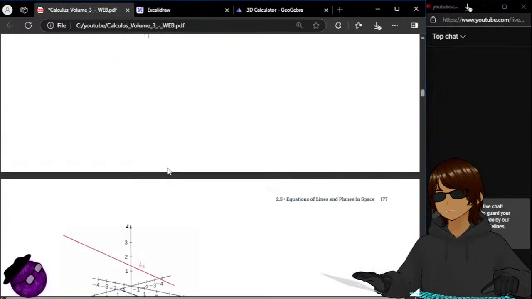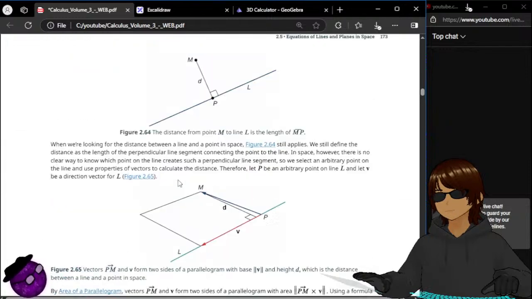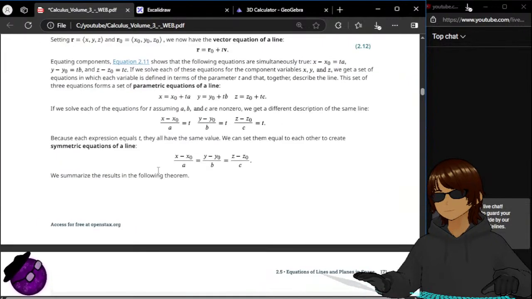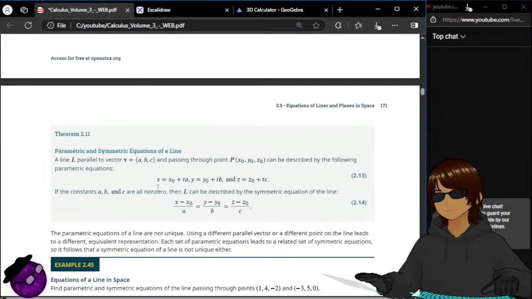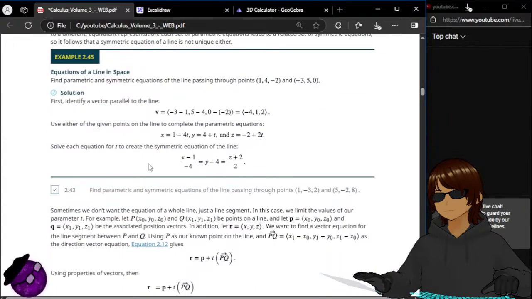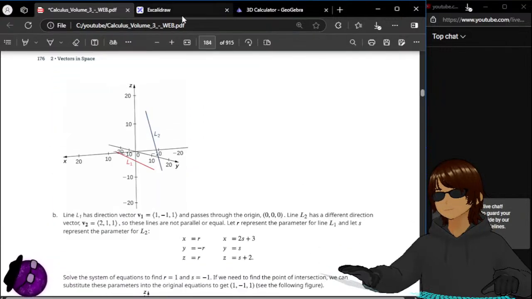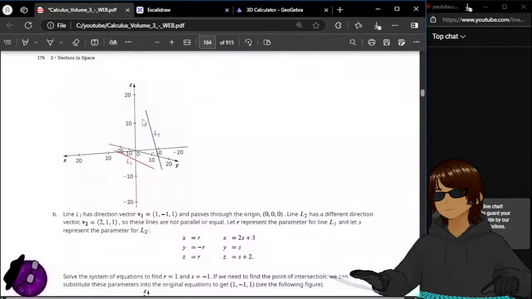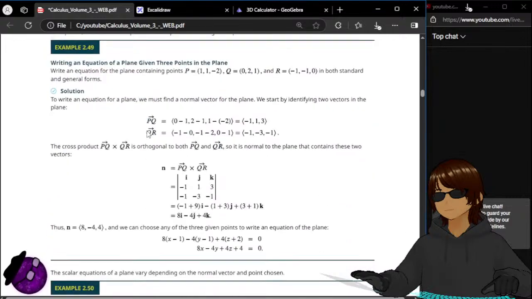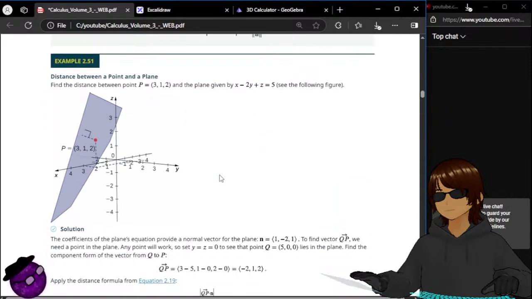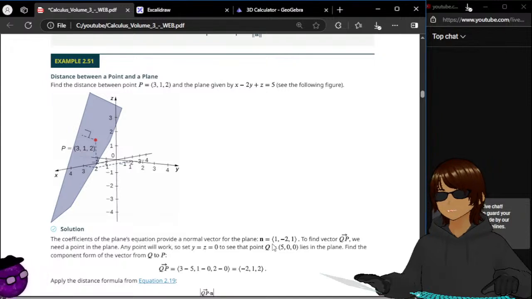Hold on. I forgot how you convert it into a parametric equation. Okay, so they have n, 1, -1 and 1.